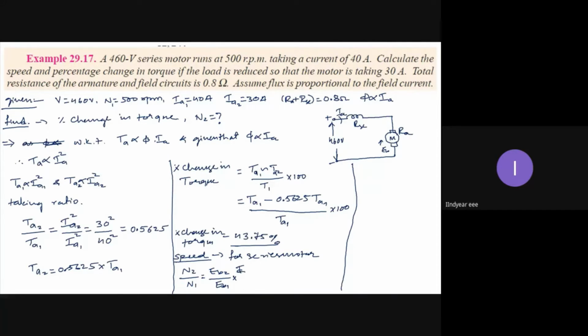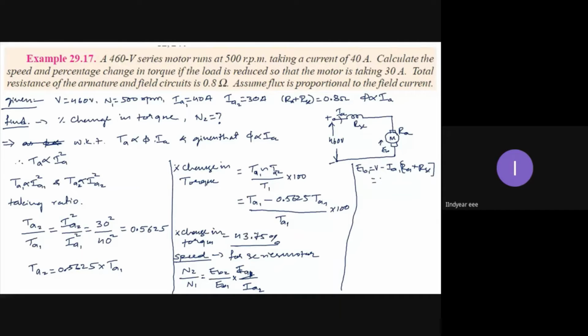I will directly write it as IA1 by IA2, because flux is always proportional to current. So here I can find EB1 and EB2. EB1 is equal to V minus IA1 into RA plus RSC.